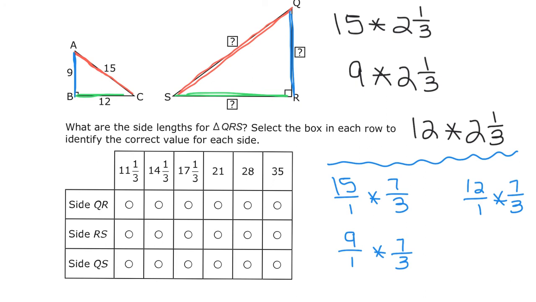What answers did you have for QR? That's the one that multiplied by the 9. 21. You got 21. Good job. What about RS? 28. Good job. And QS? 35. See how easy?